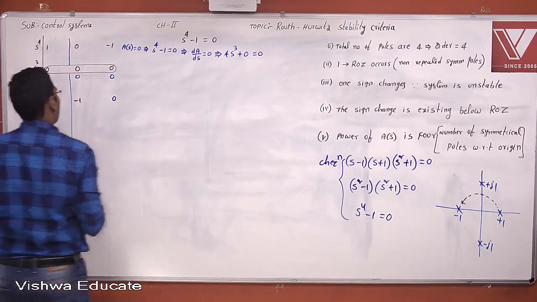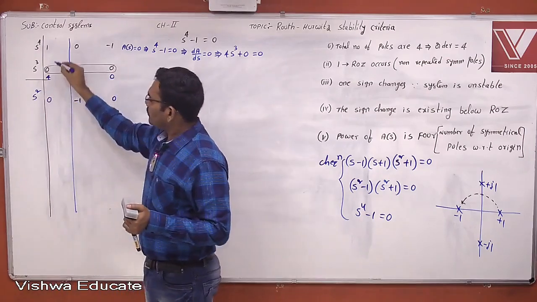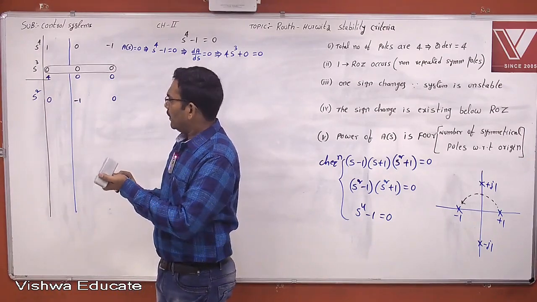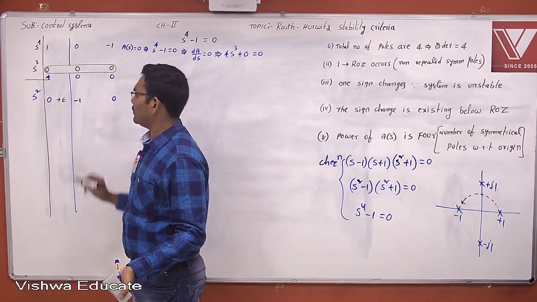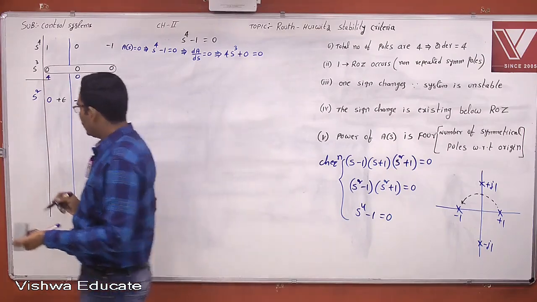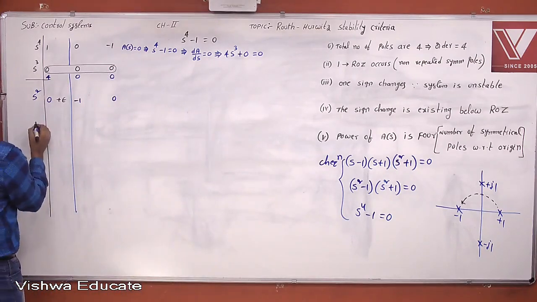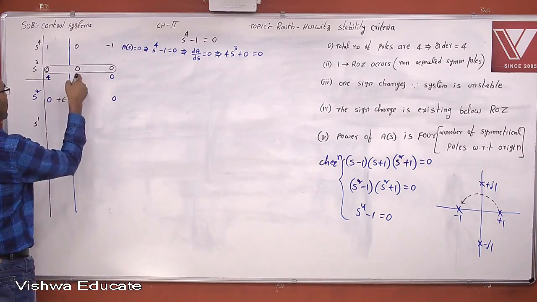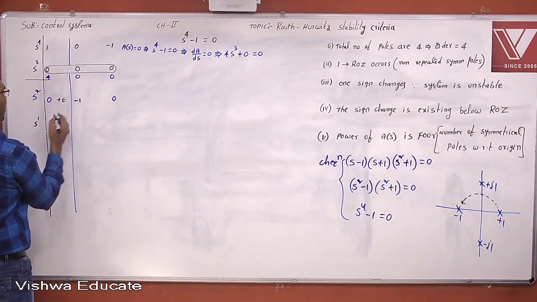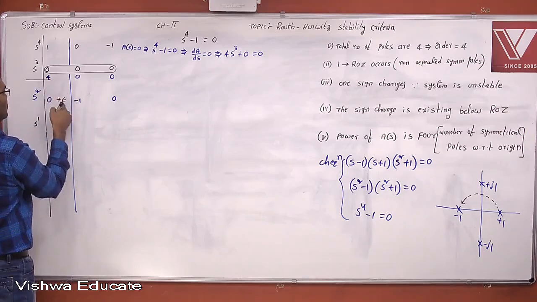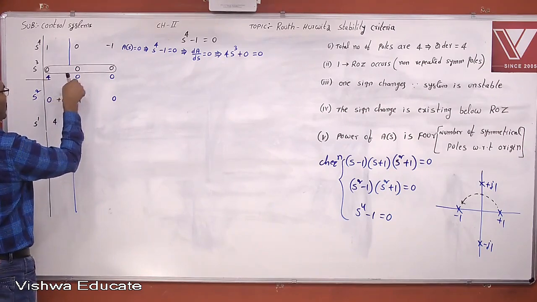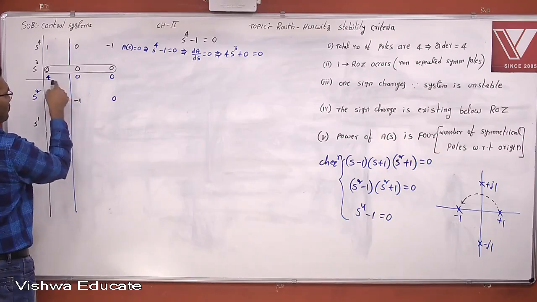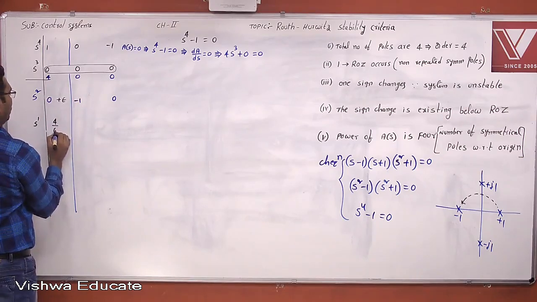Now again the concept: any one of the first column elements is 0. Replace that 0 with the smallest possible positive constant epsilon and continue the tabular form. So for s power 1, epsilon into 0, 0, minus 4, and minus minus, this is plus 4 by epsilon.